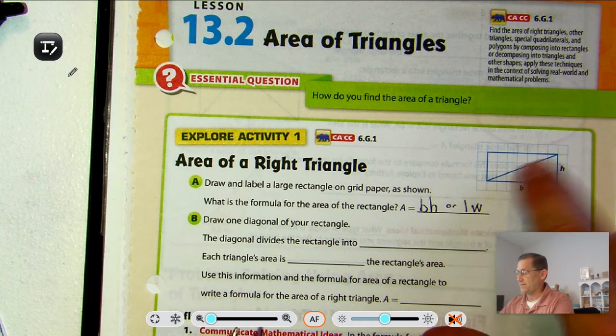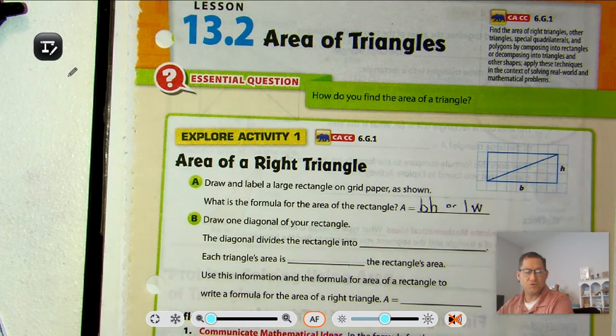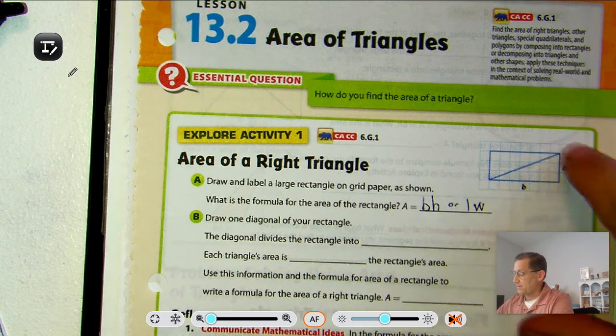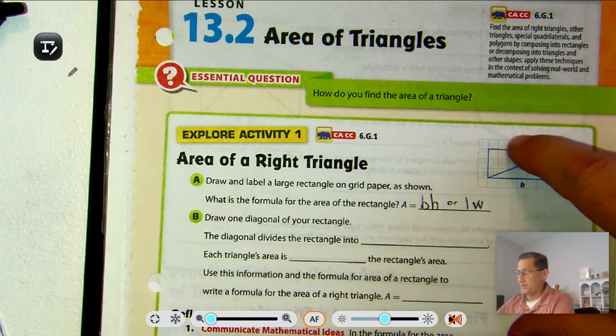Okay, look at the top section and the bottom section. We have two right triangles. Okay, here's a right triangle and here's a right triangle.